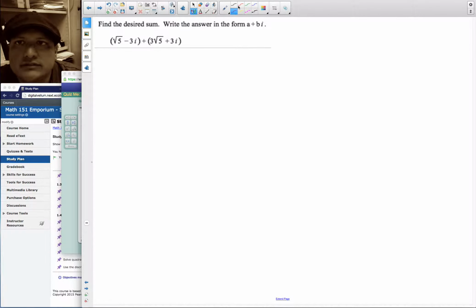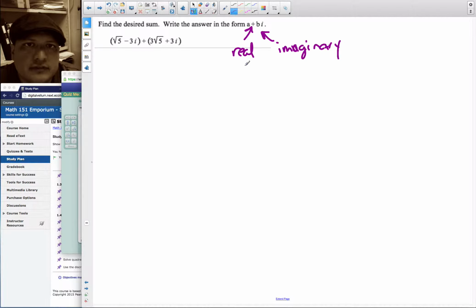So here we want to add the complex numbers. The rule here is basically you add like terms. This is the real term right here, and the b is the imaginary term. So a is real, b is imaginary.